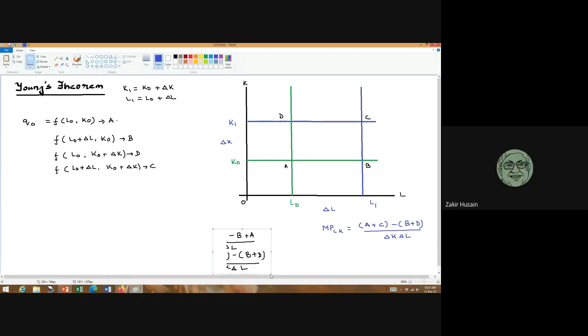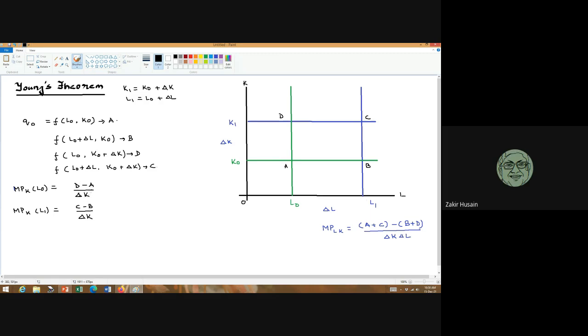Acha, now let us work out the opposite thing. Sir, MPK at L naught will be D minus A by del K, and MPK at L1 will be C minus B by del K. Okay.